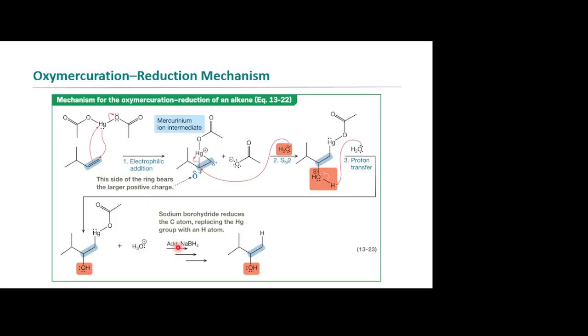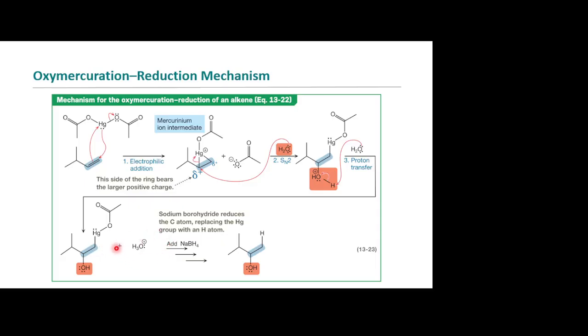But it is going to end up having this NaBH4, which is a hydride source, and we're going to attack it with that because this is a leaving group. It has these oxygens pulling electrons away, and it's fairly stable when it leaves. And so if we provide a good nucleophile to attack, like hydride, it is going to do the demercuration portion.